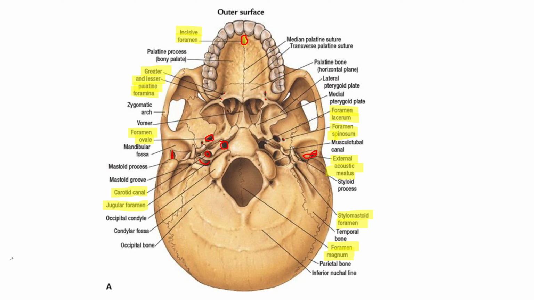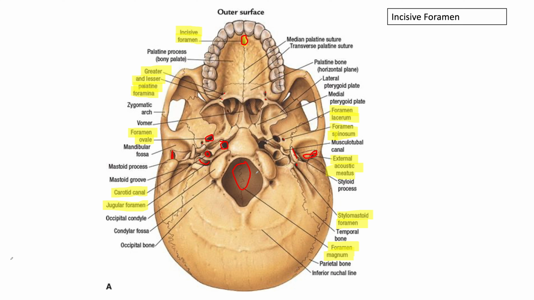Next foramen right next to the styloid process is called stylomastoid foramen. And then this big foramen is called foramen magnum. Magnum means big, foramen is opening, so big opening, foramen magnum.